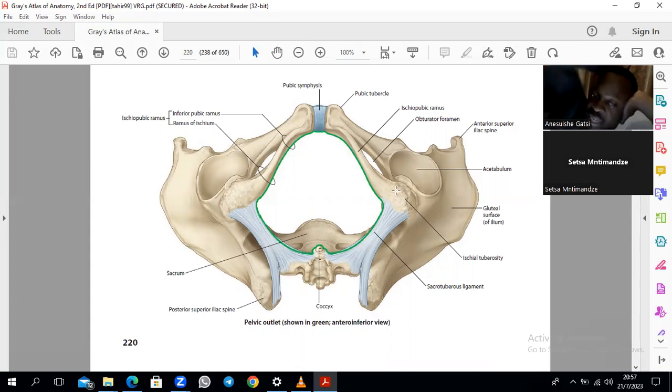Then laterally, there is the ischial tuberosities, these ones. Right. So there's an inlet, then there's an outlet. The space between the inlet and the outlet, that's the true pelvis. The space above the inlet, that's the false pelvis. Right.